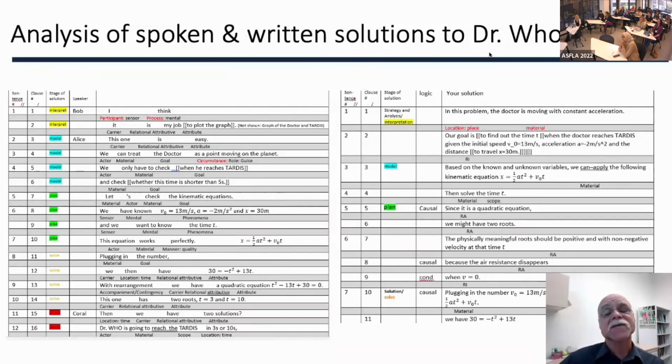So that circumstance of role guise is a very clear modeling of the doctor as a physics concept, right? So as a moving point. This was so clear in my discussions with the students, that this was enacting theory through language.